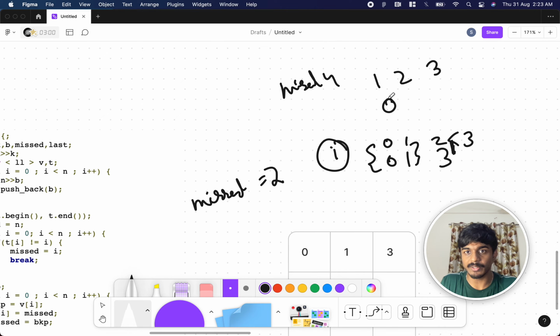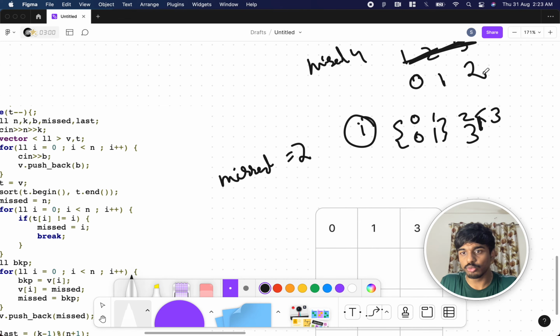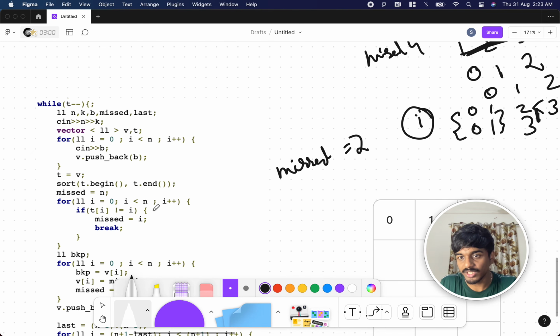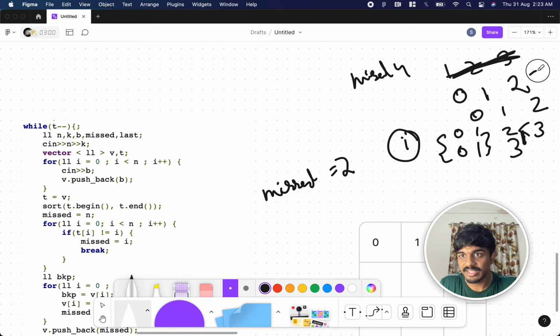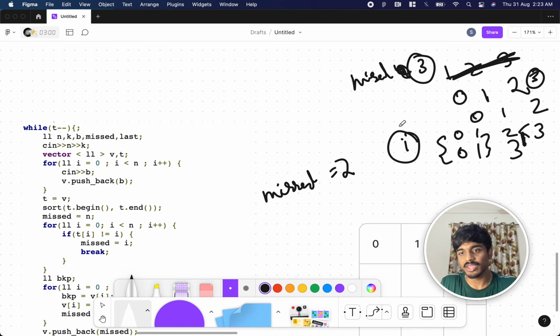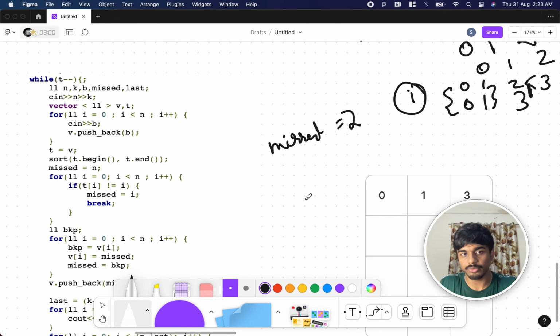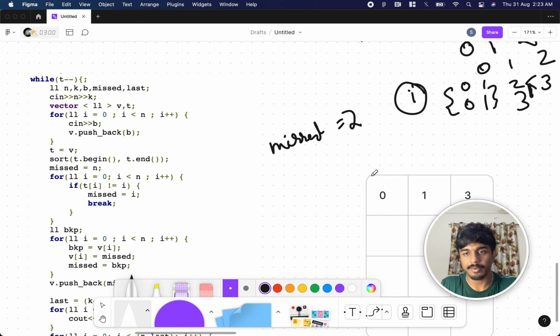And if they give 0, 1, 2, the i value will go till 2 only. So 0, 1, 2 will be iterated through all of the numbers, but the number 3 won't be there, so you have to write the missed value as 3. That is an important thing to know for why we keep missed as n.